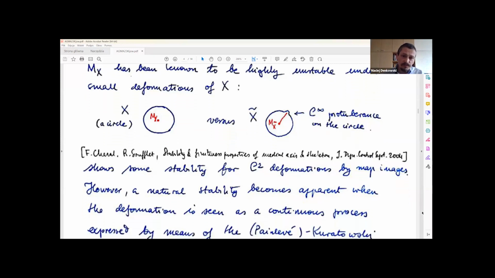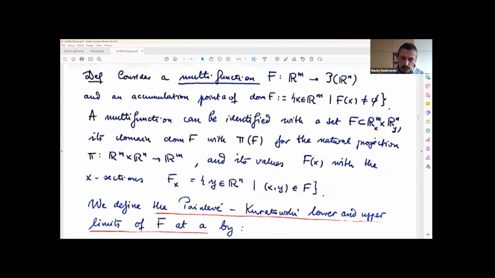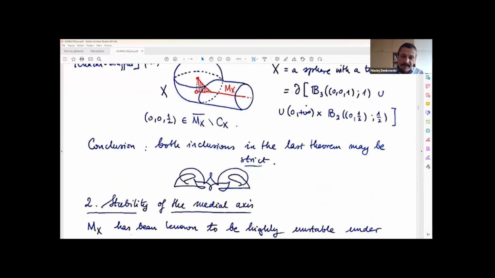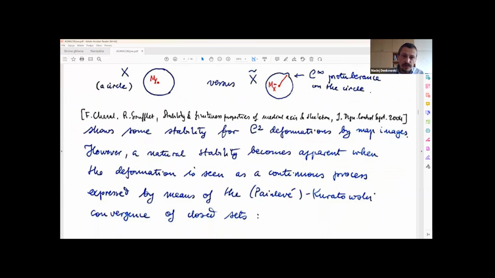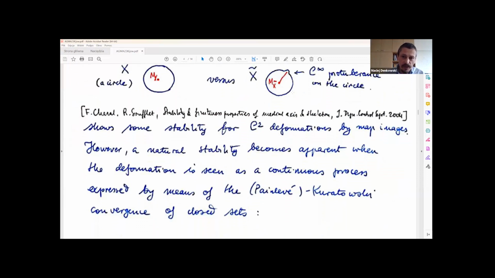It was investigated to some point by Chazal and Soufflet in their paper that you see here. And actually, they give this example. This is a typical example of what happens. And they showed some stability for C2 deformations by map images.